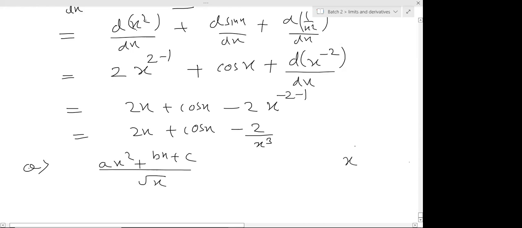Rahman, root x you can write as x raised to the power 1 upon 2 and use the same formula.